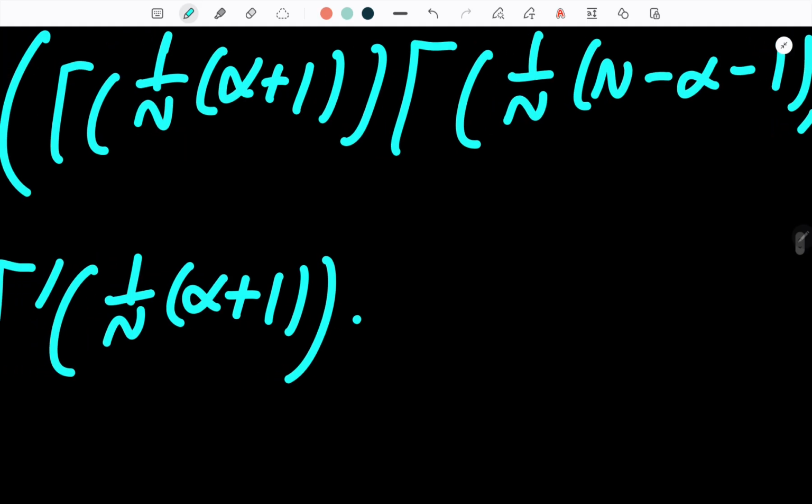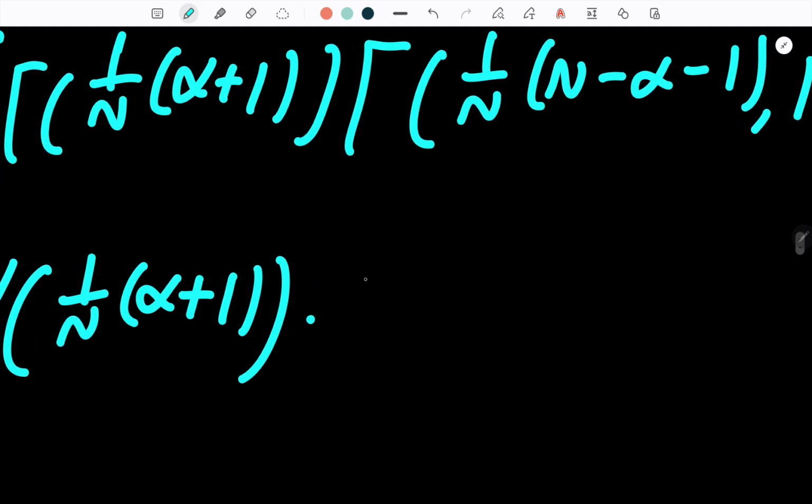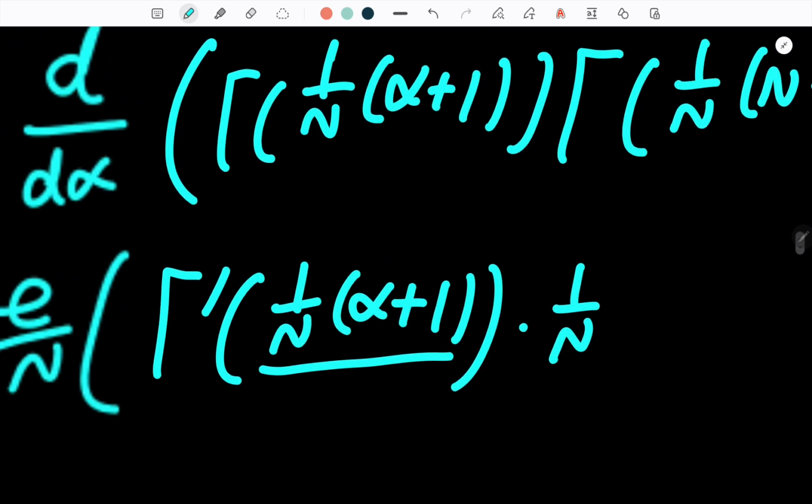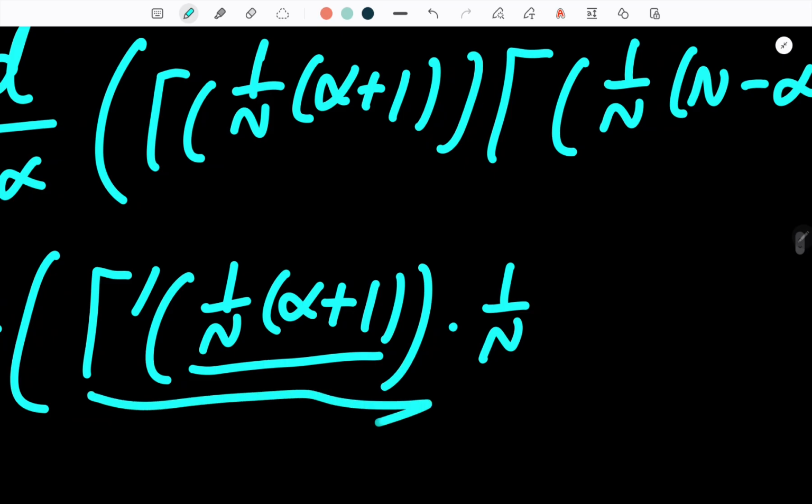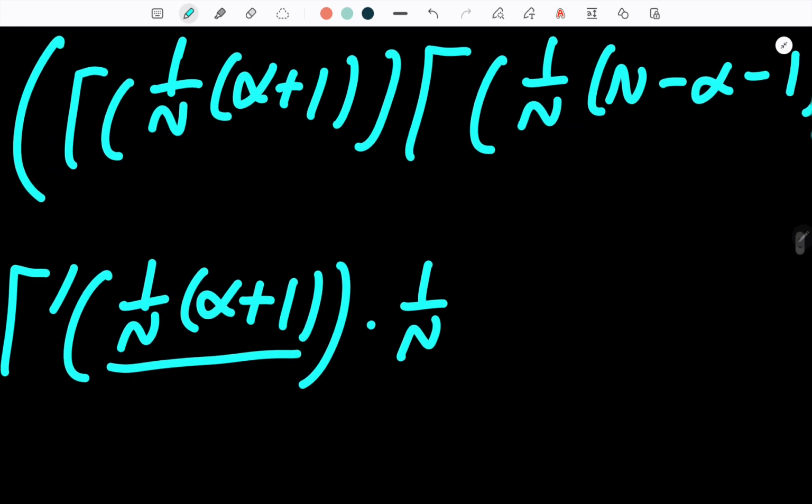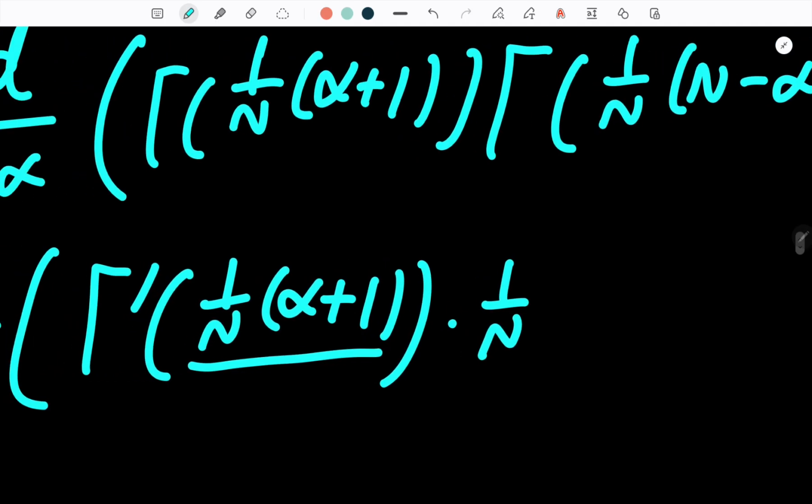So then times 1 over n. That's going to be the derivative with respect to the alpha inside of the gamma prime of this guy. Okay, so that's what we have. We needed the chain rule, and after performing the chain rule, we have the derivative of this guy is equal to this. Now I hope this is making sense. So let's bring this out over here.